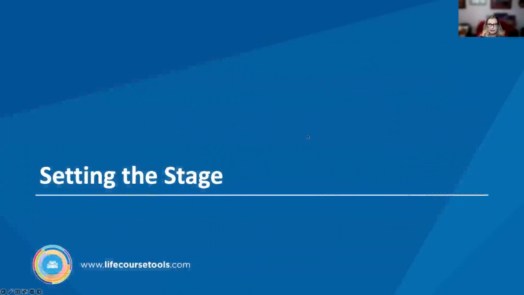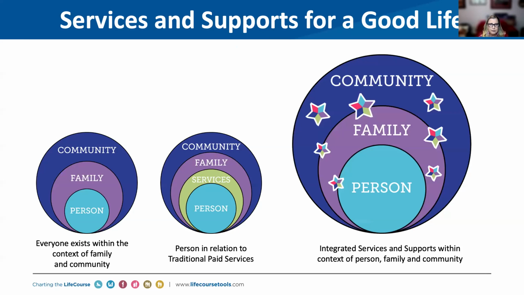So first, I want to set the stage and tell you a little bit about how Charting the LifeCourse came to be and why it came to be. So we know that people need services and supports for a good life, especially if they have a developmental disability, maybe they're aging, they have a mental health issue. For any number of reasons, all of us at some point in our lives need some type of support.